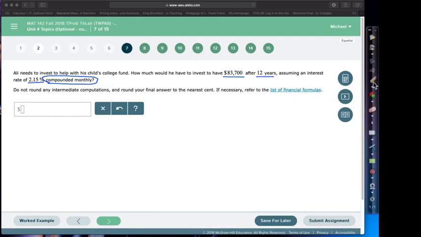Okay, so our formula we're following is the accumulated value, the future value, is equal to the principal times 1 plus the interest rate over n, raised to the nt power. Now this 83,700, that's what we need in the future. That's what A is.